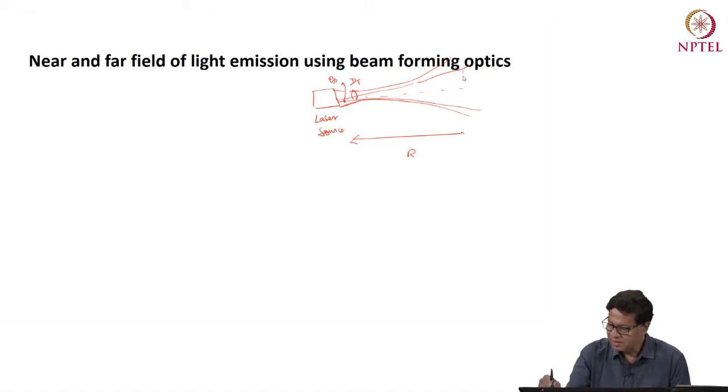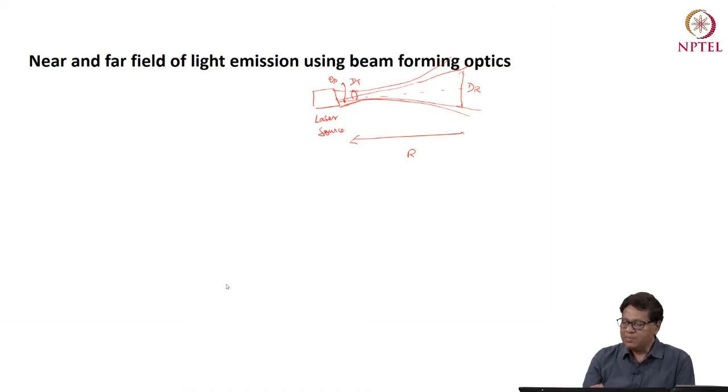This will be, let us call it dr, the planar beam diameter, or the receive aperture. So dt and dr are defined, and then let us call this the beam angle, theta b. So theta b is the beam angle, and using this lens I am able to beamform.